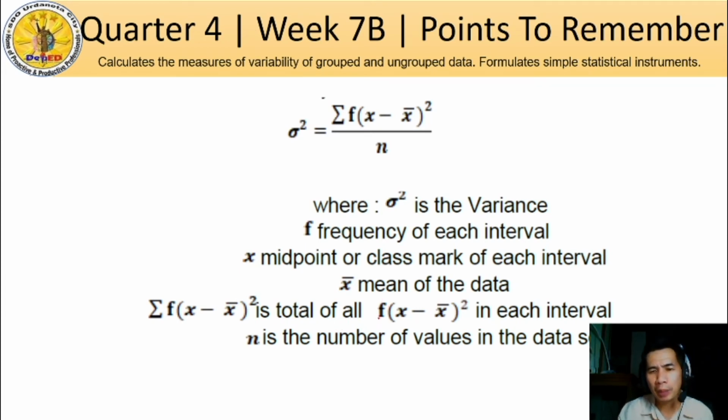Yung pinag-multiply natin yung frequency nung interval na yon times yung nakuha natin na difference ng midpoint at saka ng mean, saka in-square natin in each interval. So, then, n is the number of values in the data set. So, kung ilan lahat. Ito yung formula naman ng variance.